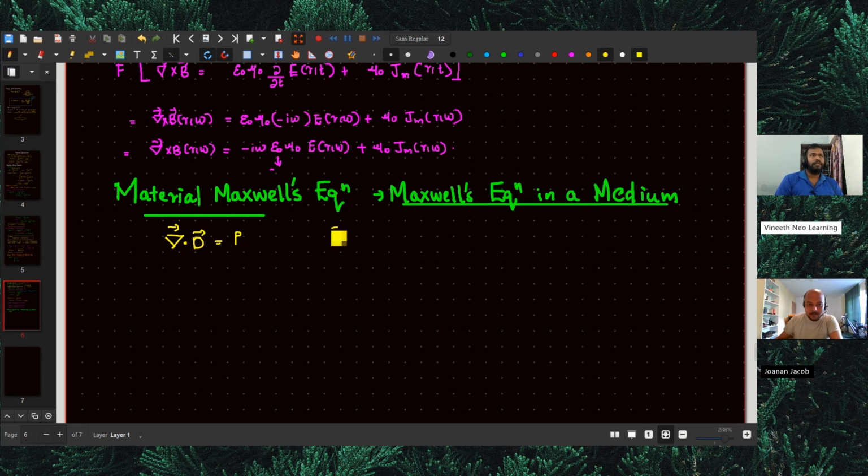Electric displacement. The divergence of electric displacement is equal to the amount of free charge or source.